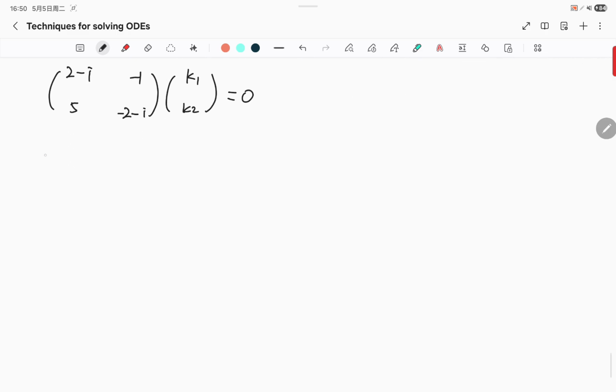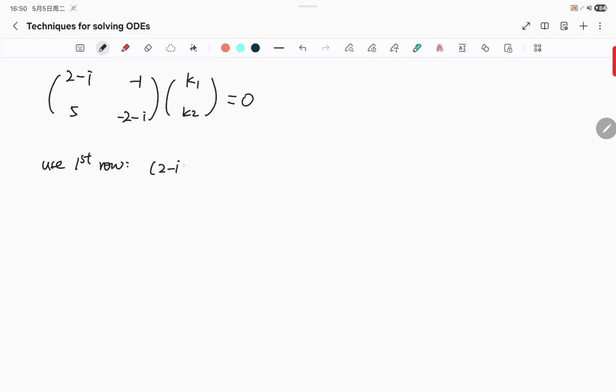Let's say first row, what do we have to get an eigenvector? We have (2 minus i) k1 equal to k2.